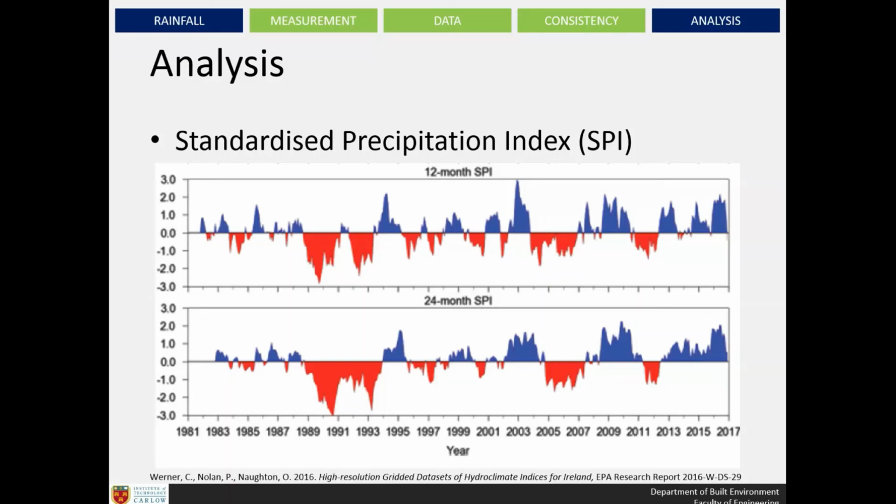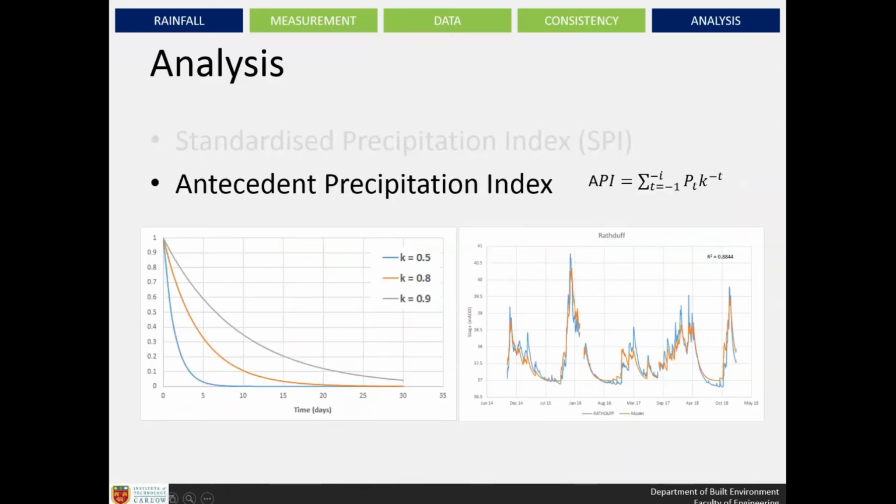For example, you'd compare the rainfall in December to the rainfall in all previous Decembers and normalize it. A positive value means above average, a negative value means below average. So the red shows droughts and the blue shows above average rainfall.